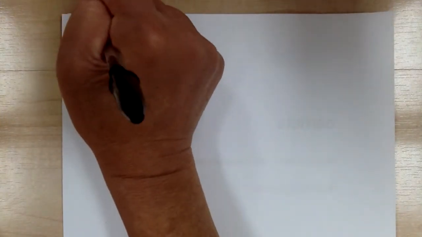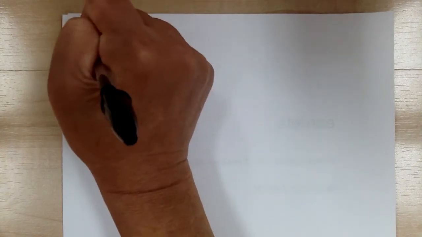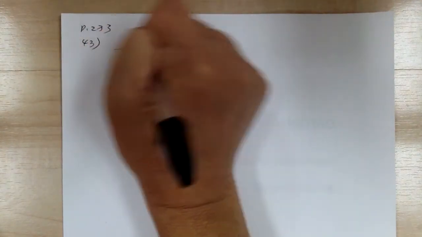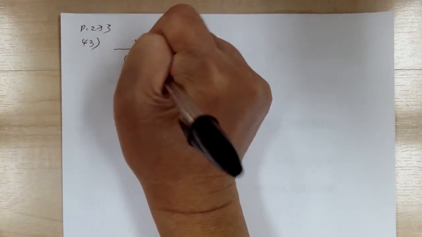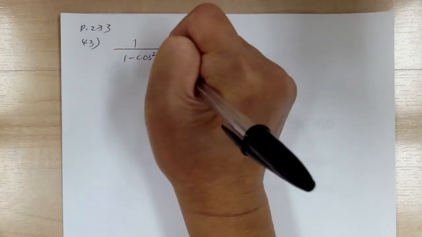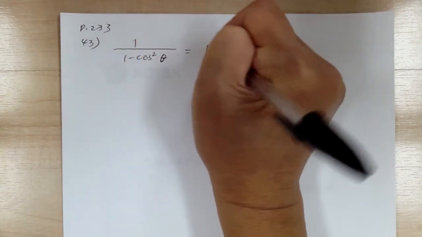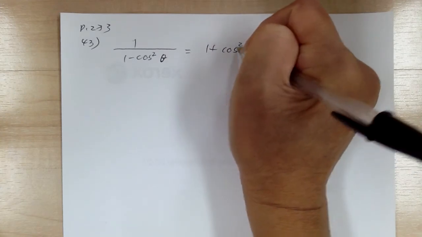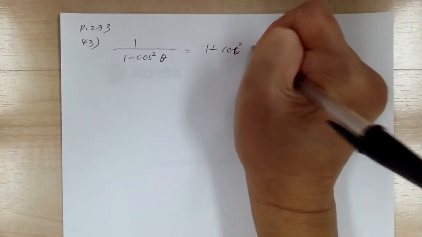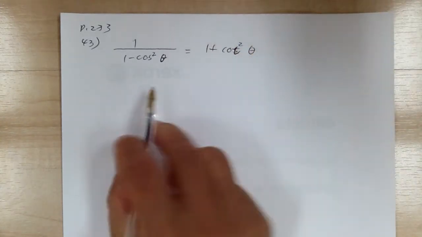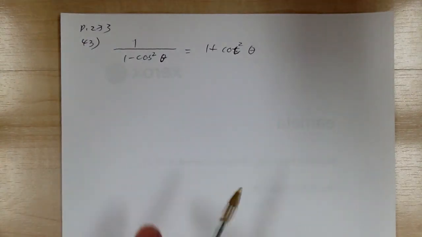Okay, let's go to 43. 1 over 1 minus cosine squared theta equal to 1 plus cotangent squared theta. So first you need to recognize these.